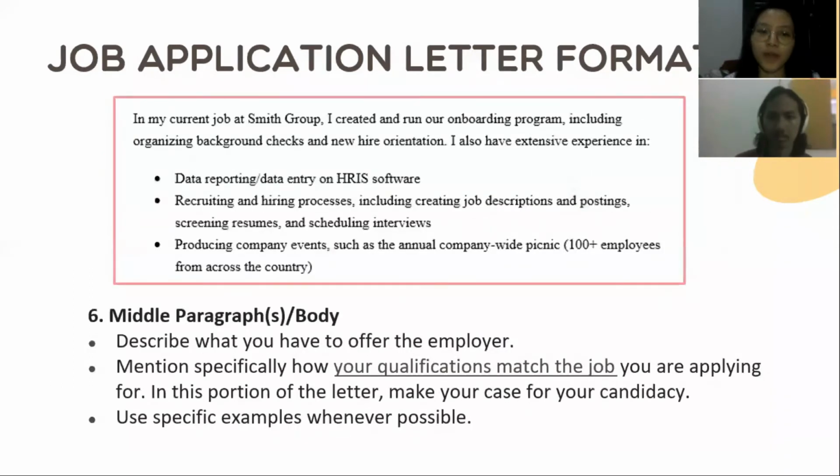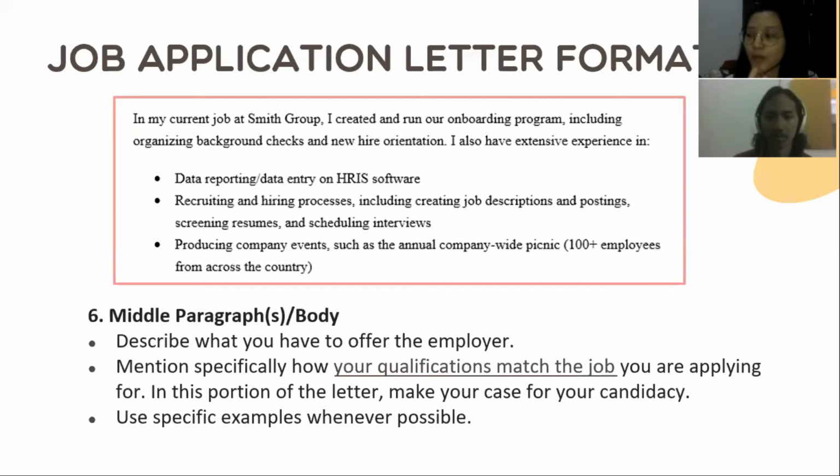So right after that, we move on to the body or the middle paragraph. Okay, so here in the body, you have to explain your qualifications, your skills. So qualifications here are divided into two, hard or technical skills, and also soft or interpersonal skills. The difference being that hard skills are usually just knowledge about something.